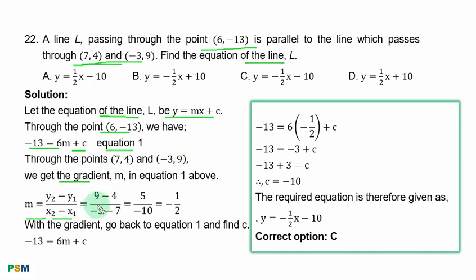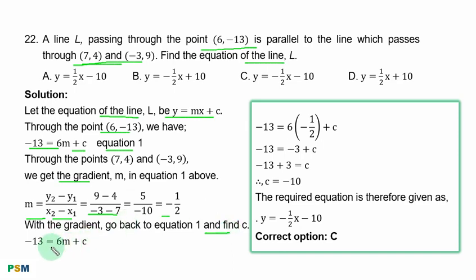You replace them and you have these results. You have 5 over minus 10, and that is equal to minus 1 over 2. With the gradient, go back to equation 1 and find c.